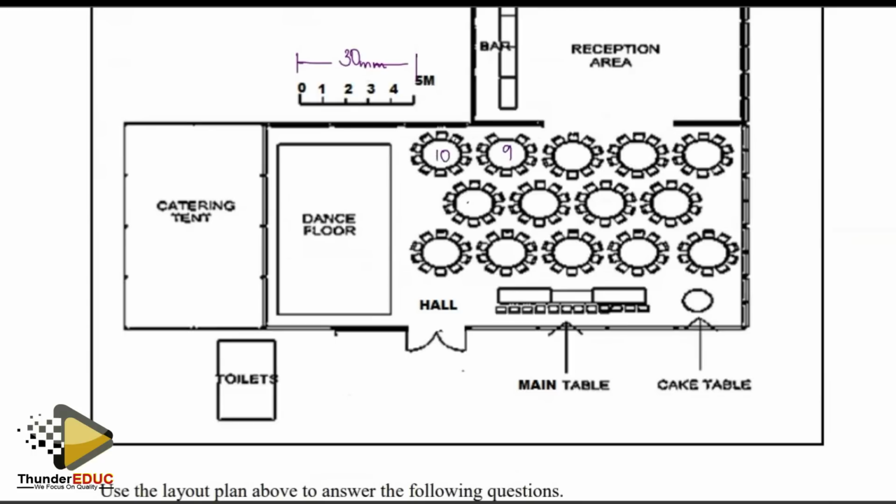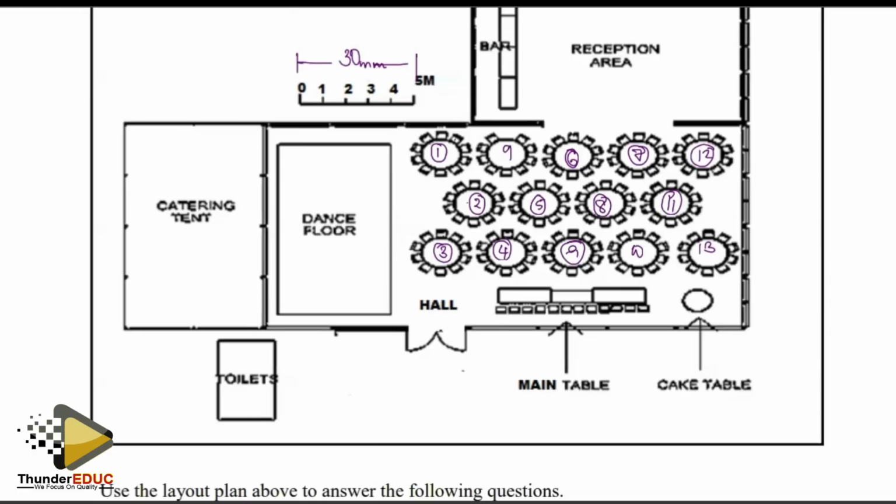So we have 1, 2, 3, 4, 5, 6, 7, 8, 9, 10, 11, 12, 13. So each table there has 10 chairs complete, apart from this one, which has 9. So we shall count that.